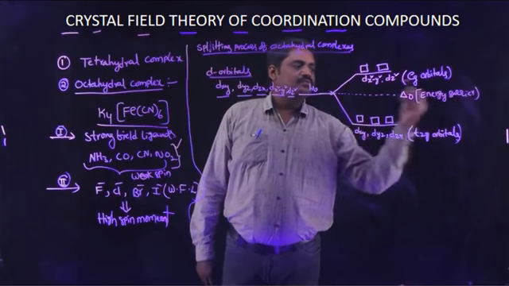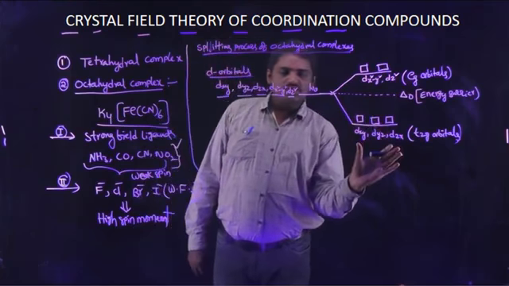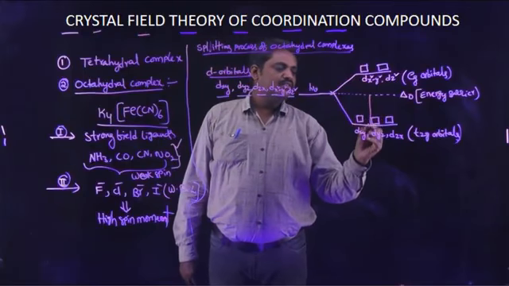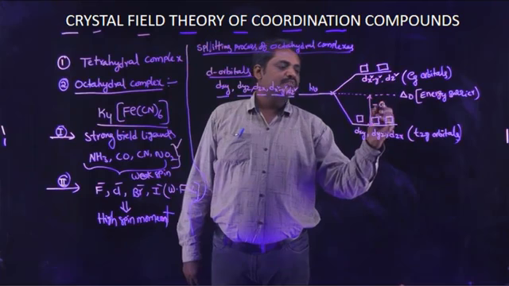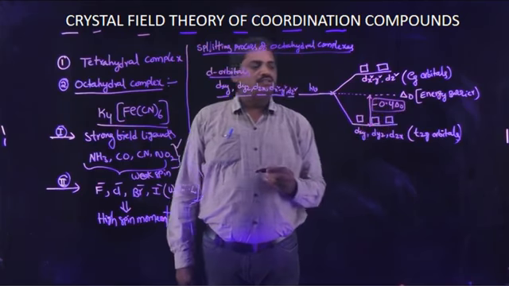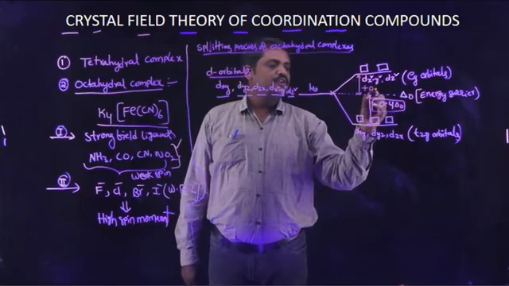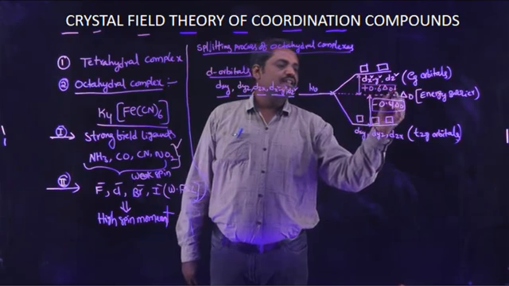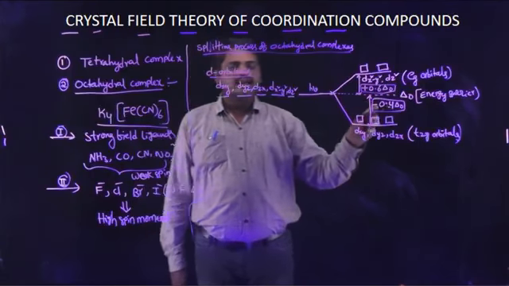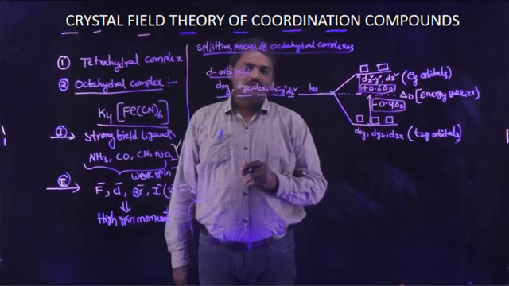Okay, students, these are the lower energy orbitals and these are the higher energy orbitals. The t2g orbitals are expressed as minus 0.4 delta naught, and the eg orbitals are expressed as plus 0.6 delta naught.